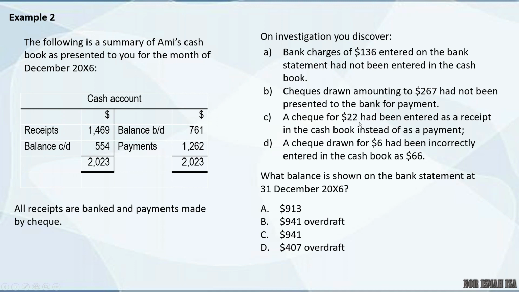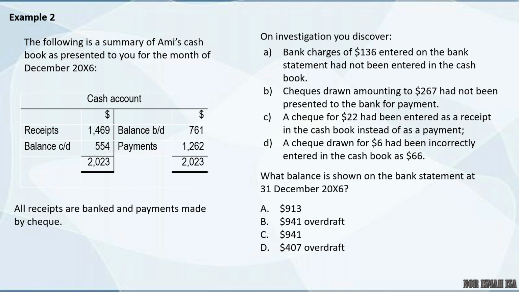A check for $22 had been entered as a receipt in the cash book instead of a payment. This is also happening in the cash book, so we need to adjust in the cash book. This is actually a check payment but recorded as received.